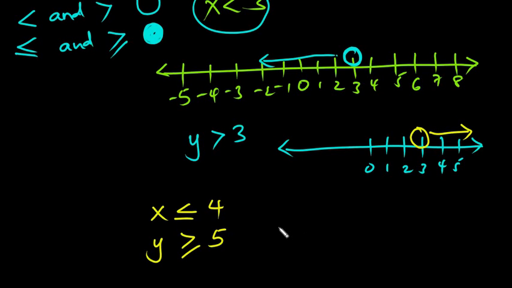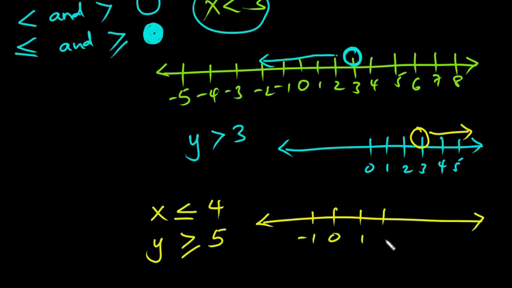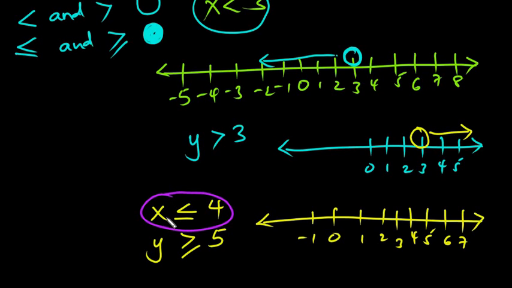Now let's draw another number line very quickly. So we have 0, negative 1, 1, 2, 3, 4, 5, 6, and 7. Let's represent this one, that is, x is less than or equal to 4. Now we're going to the point 4, and then remember we have less than or equal to.